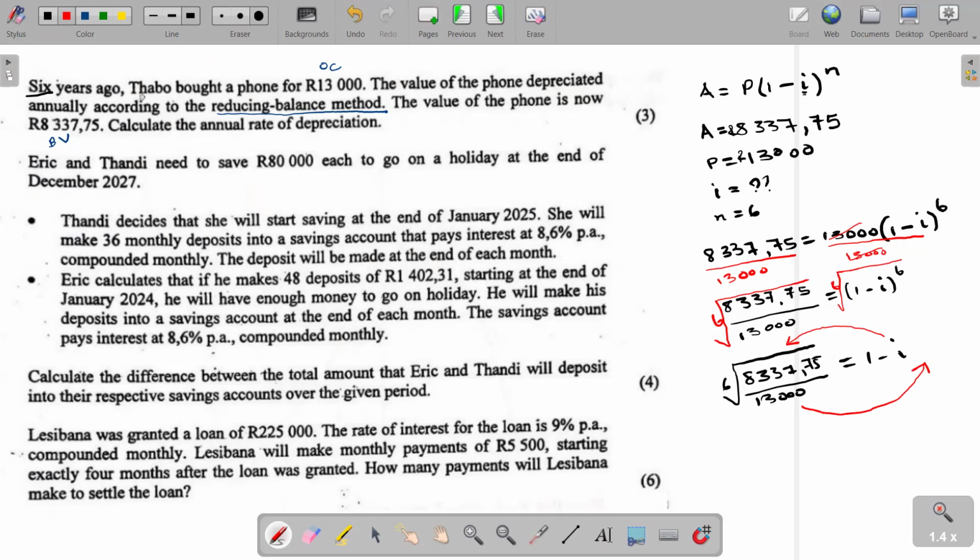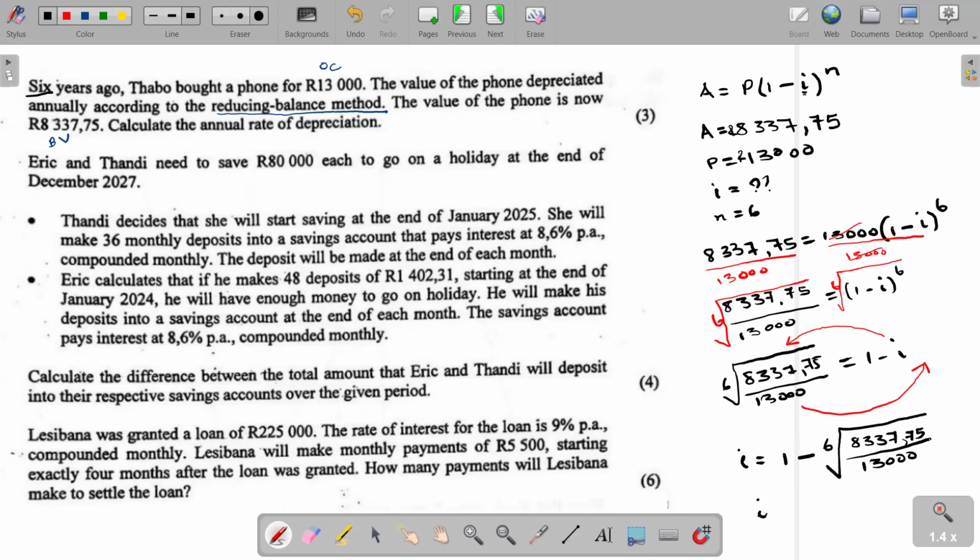Conclusively, we are left with our I being equal to 1 minus the 6th root of 8337.75 all over 13,000.